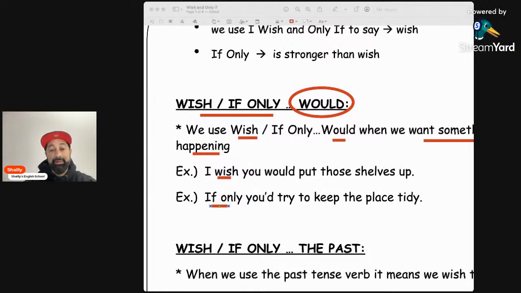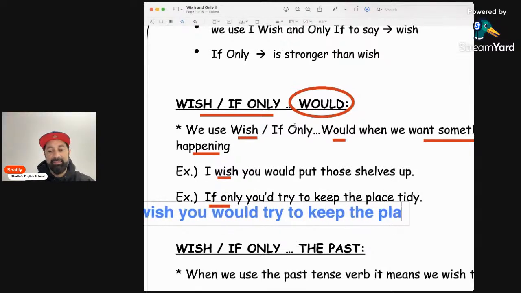Now, the second example is, if only you would try to keep the place tidy. This basically means, I wish you would try to keep the place tidy.